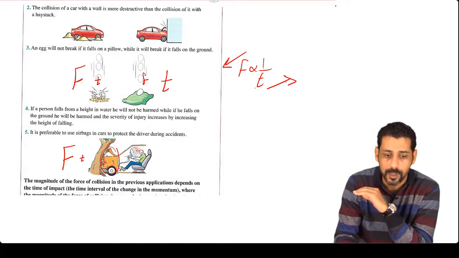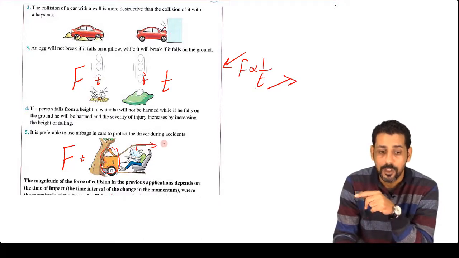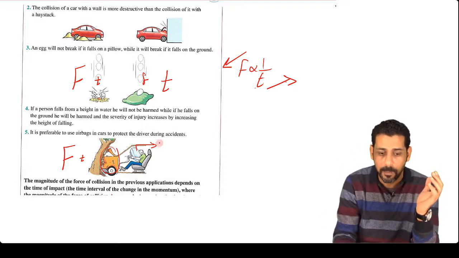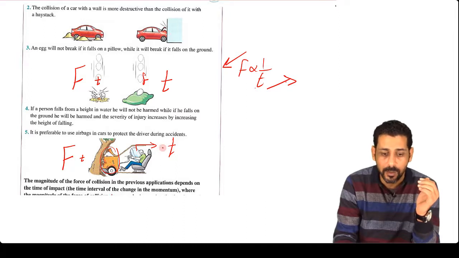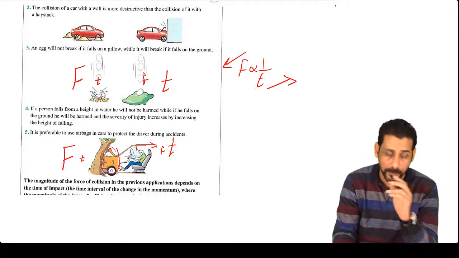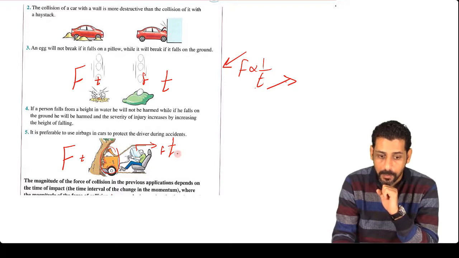But once you are using an airbag, لما هستخدم الairbag, this increases the impact time, فالimpact time هيبقى big, so the force acting on the man will be small and safe, so it just saves his life.